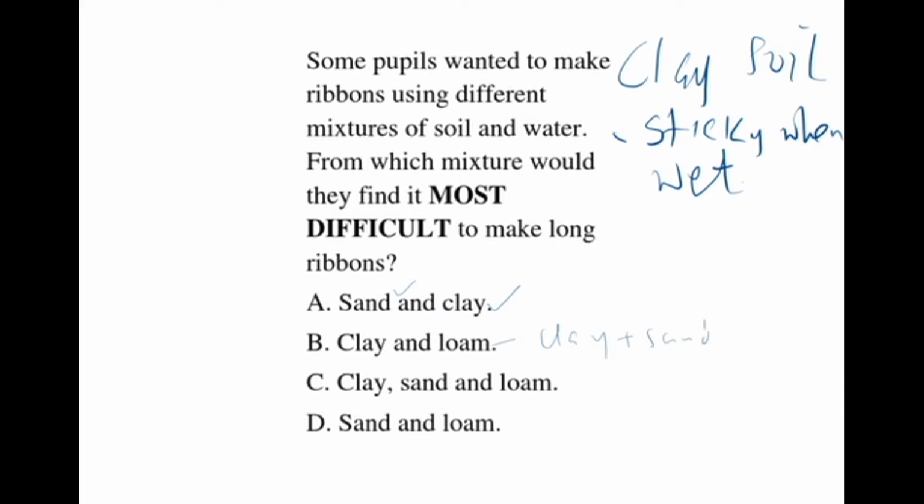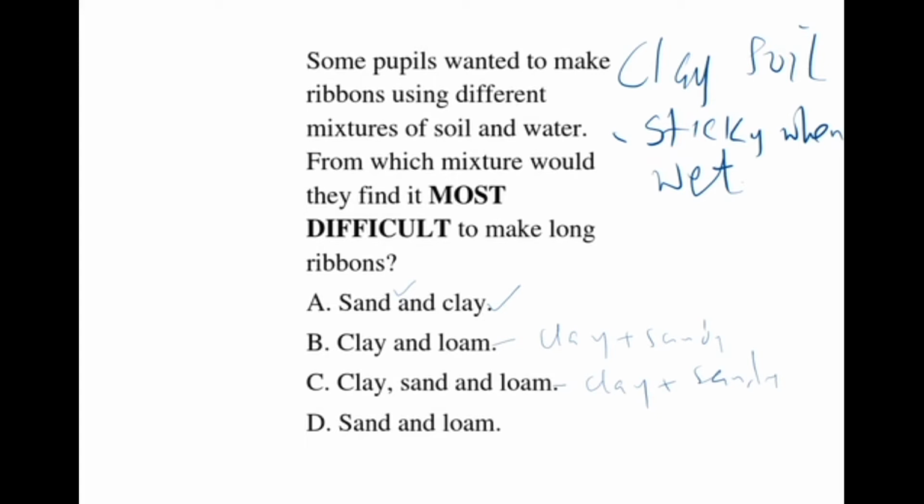Therefore, there will be more clay in the mixture, therefore it will be easy to make ribbons. Then when you look at the mixture of clay, loam and sand, loam soil here is a mixture of clay and sandy soil. Therefore, more clay in this mixture will also make it possible to make long ribbons.